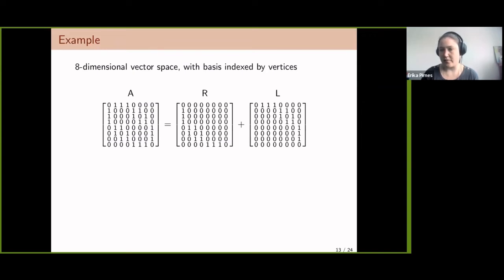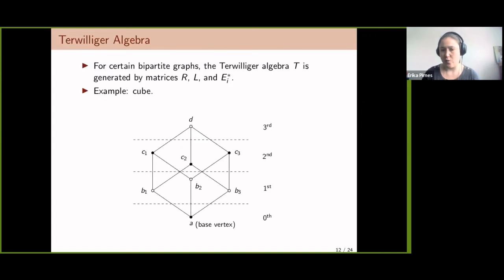And then the raising operator and lowering operator, in this case, together give the adjacency matrix. So if I go back here, what does the raising operator do, let's say, to B2? It sends it to the formal sum of vertices that are in the upper subconstituents.